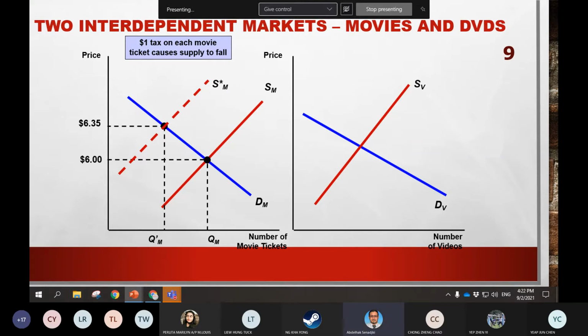The movie tax affects the demand in the DVD market, because movies and DVDs are substitutes. Since the price of movie tickets increases, people try to substitute that by renting DVDs rather than going to the cinema. So at the DVD market, the number of videos, the equilibrium is at QV and the price is $3.